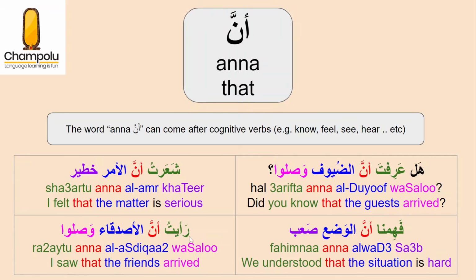And then we have something like رأيت أن الأصدقاء وصلوا. So again, our verb here is رأيت, and then it's followed by أن, and the verb رأيت is the conjugation for the verb رأى or يرى, which means see, and it's conjugated in the first person in the past.